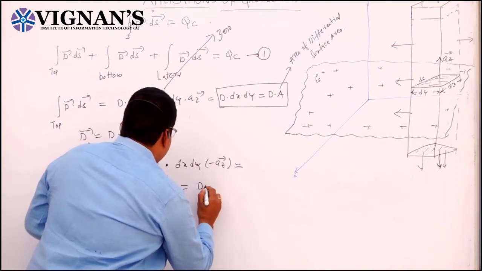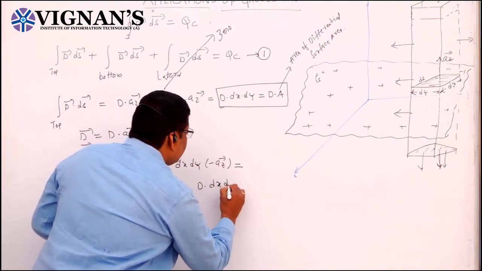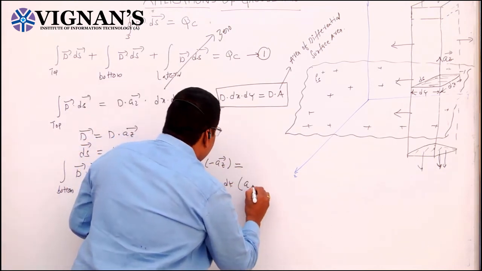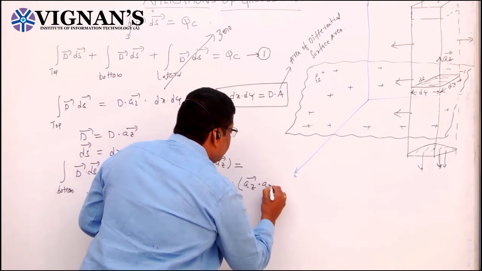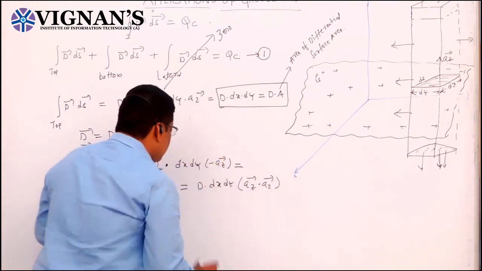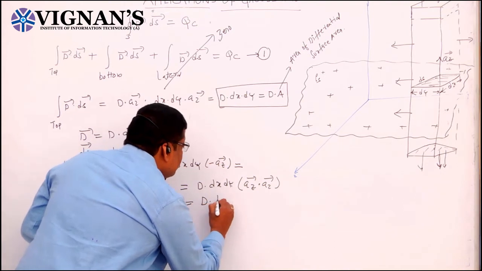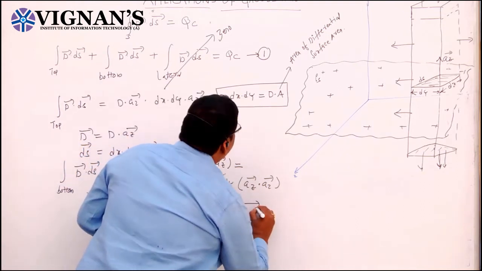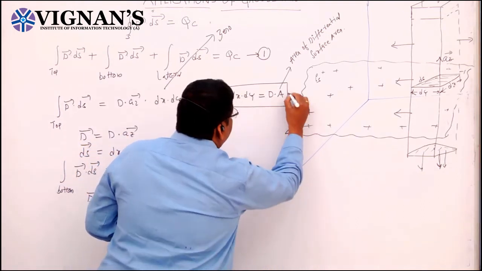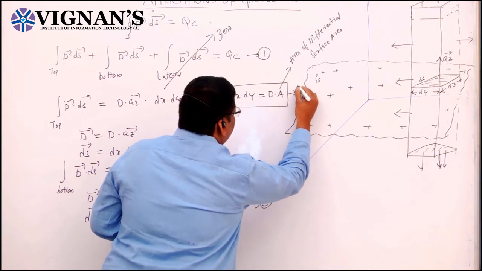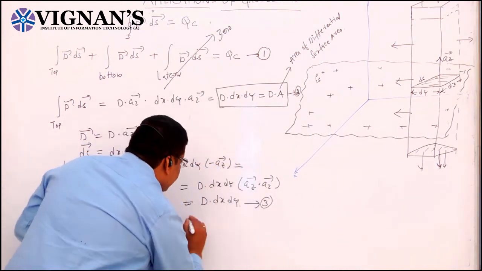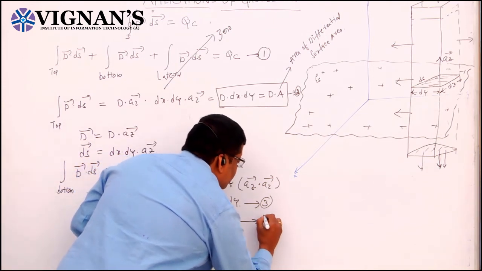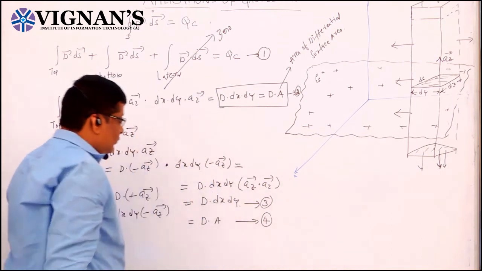Minus into minus becomes plus, az bar dot az bar is 1, so this equals D into dx into dy. Take this as equation 3, whereas the earlier one is equation 2. The dx and dy give D into the area of the sheet. This we take as equation 4.